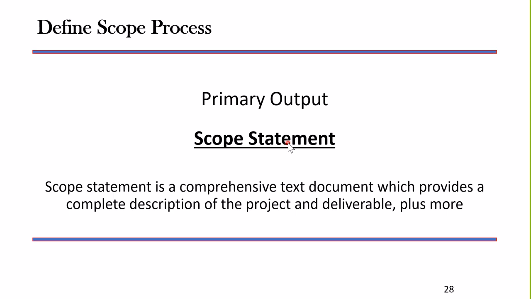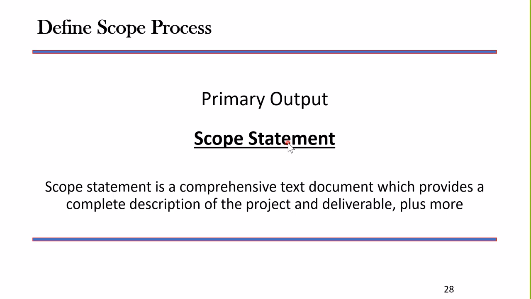The scope statement is a comprehensive text document, and that's what our scope is going to look like when we finish this project. That's what our deliverable will contain with regards to scope. It's a comprehensive text document that describes in detail what this project is going to be like and the deliverable.